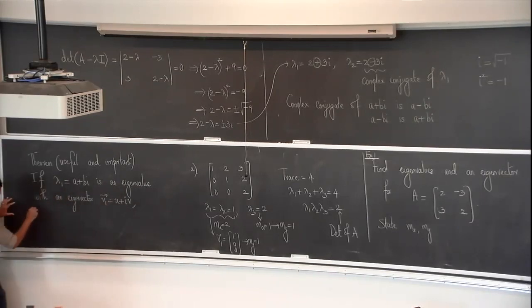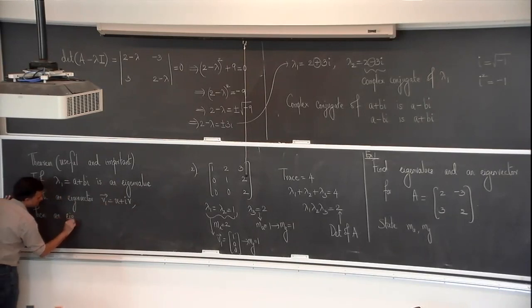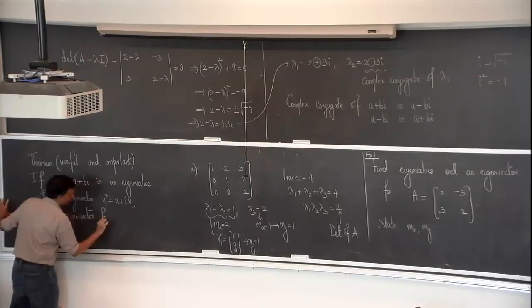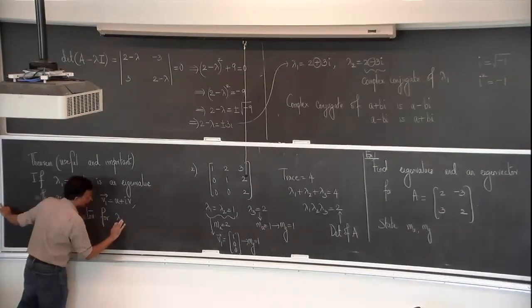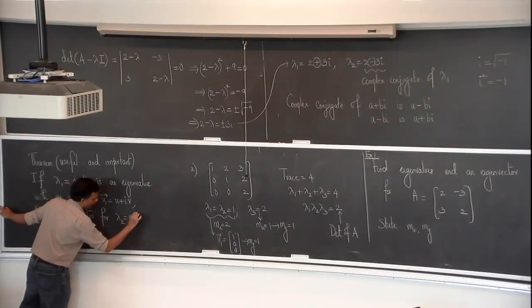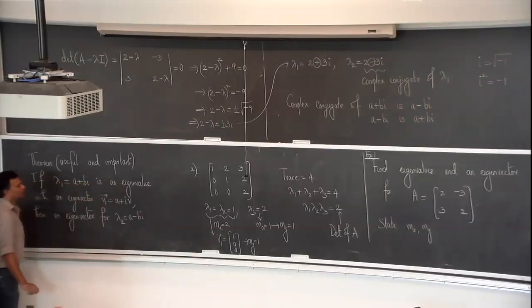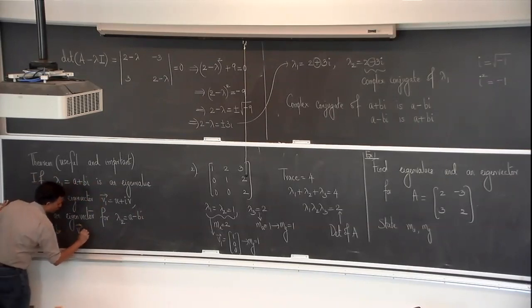Then an eigenvector for the second eigenvalue, which is lambda 2 equal to a minus bi, will be v2 equal to u minus iv.